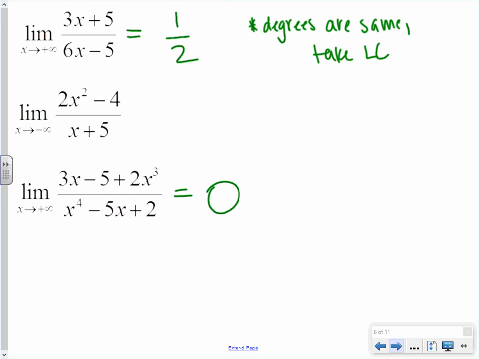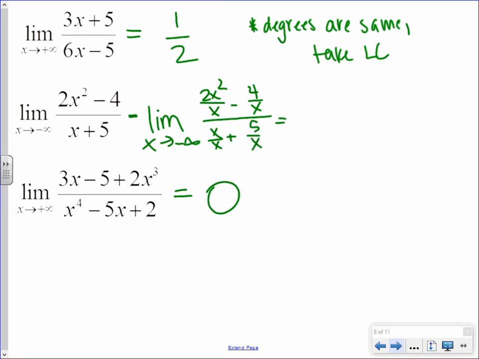Okay? So what is the highest degree in our denominator? So we are going to have to divide everything by x to the first. So what we have is 2x minus 4 over x divided by 1 plus 5 over x. As we go towards negative infinity, what's happening to 4 over x? That goes to 0.